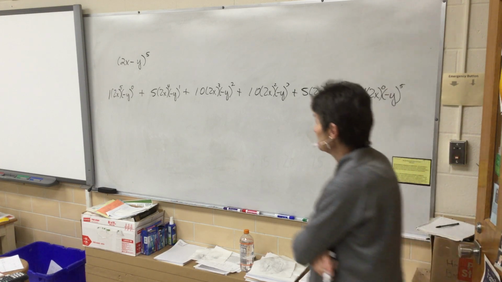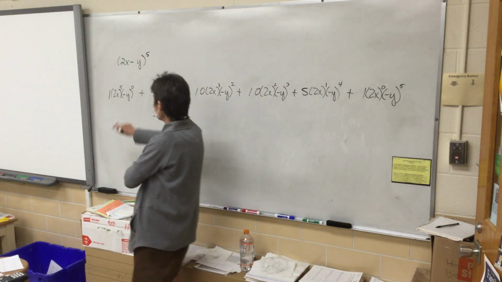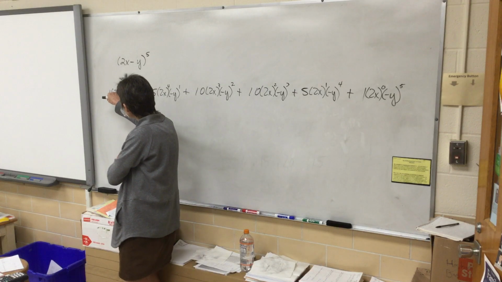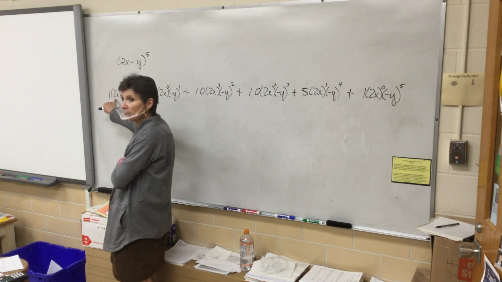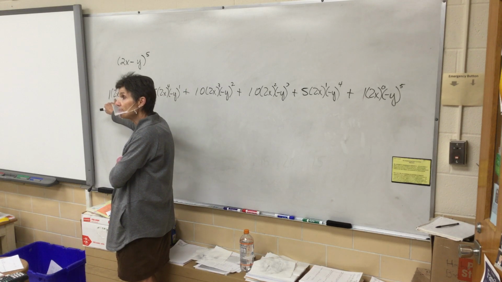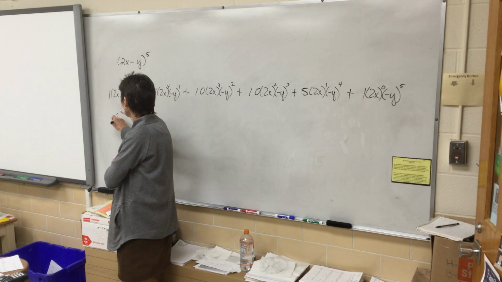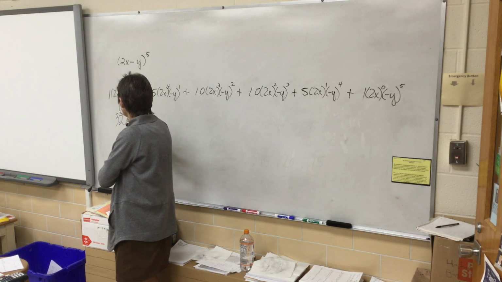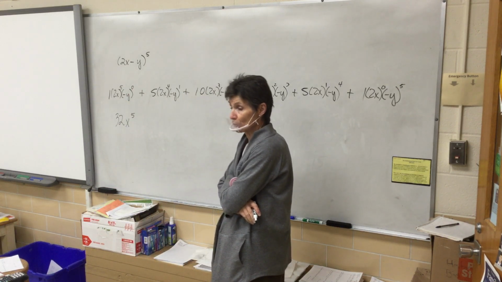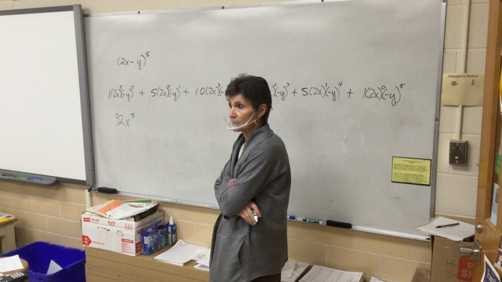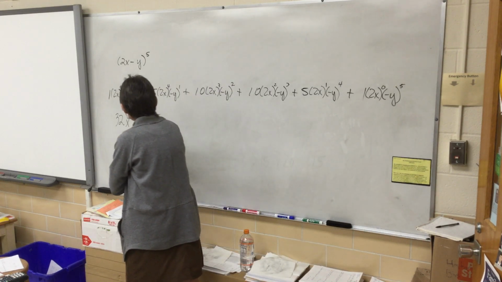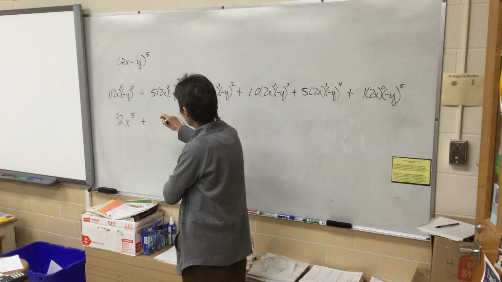All right, so now we're going to simplify. Remembering that anything to the 0 power is 1, and that 5 has to get applied to the 2 also. So 2 to the 5th, 32. X to the 5th is my first term. Plus. Now be careful on this.